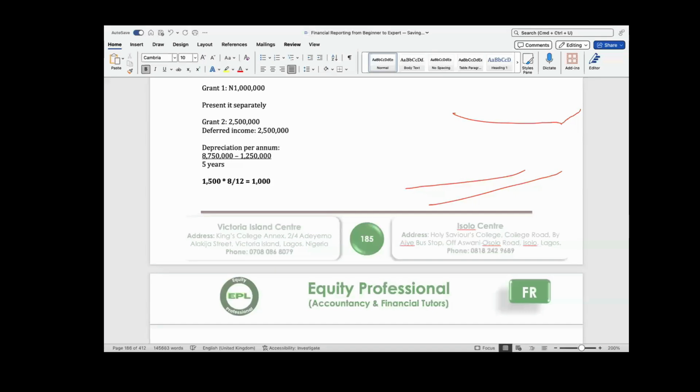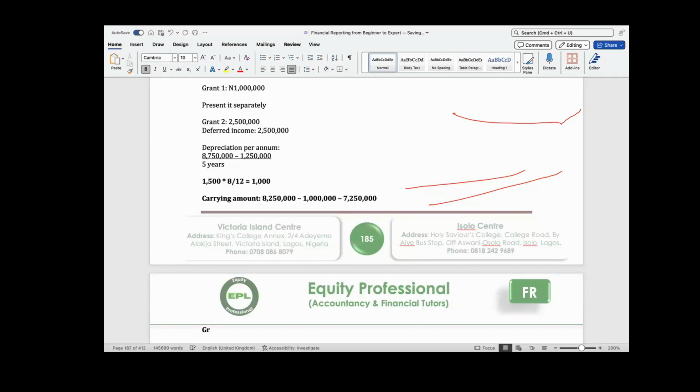Okay. So in this case now, the carrying amount of these assets will be how much? 8250 minus depreciation of 1,000. That will be 7,250.